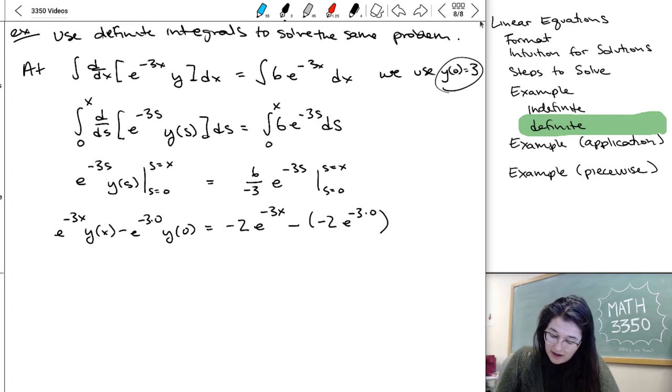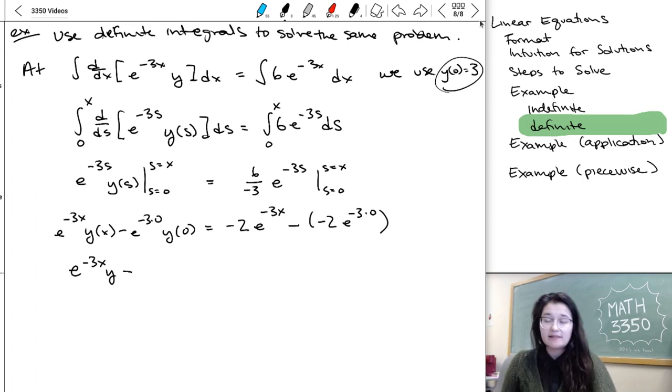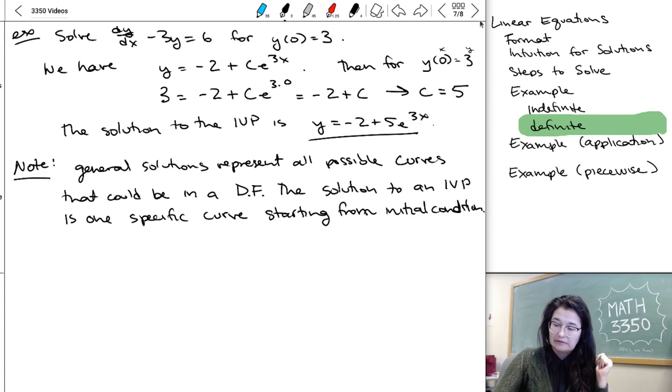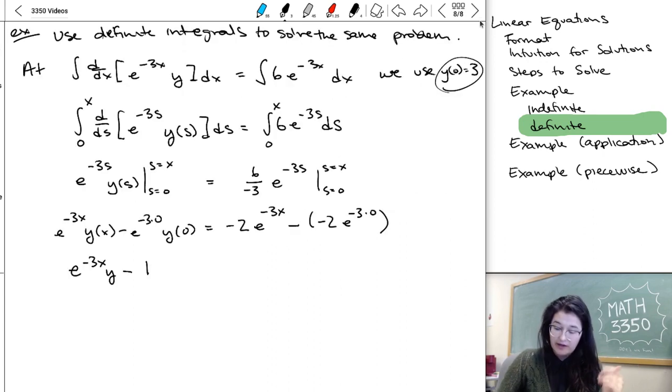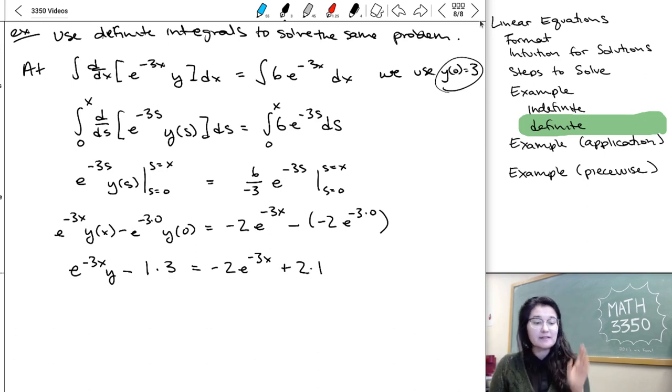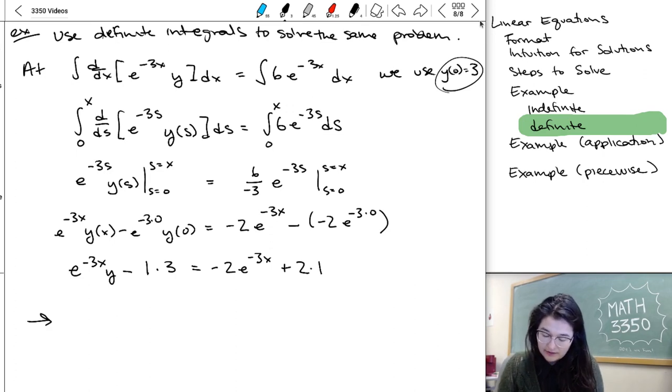So this is going to become e to minus 3x times y, minus e to 0 is 1, y of 0 is 3, minus 2 e to minus 3x, minus means plus 2, and then e to 0 again is just 1. And so from here, I just need to solve for y.